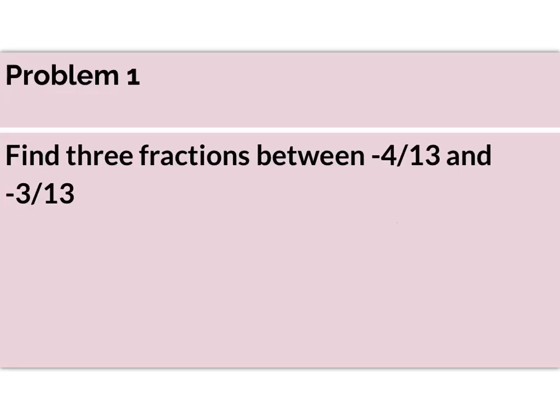Okay, so here we go. We're going to find 3 fractions between -4/13 and -3/13. So we're going to set these up, -3/13 and -4/13. So what you're going to do is find equivalent fractions until you get a big enough gap that you get numbers in between them.